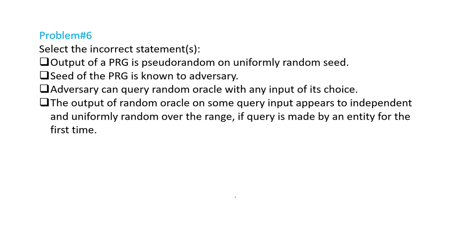Fourth statement says that the output of the random oracle on some query input appears to be independent and uniformly random over the range if the query is made by an entity for the first time. You can write the answer in ABCD form, the incorrect statements.